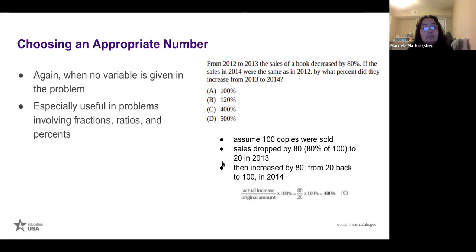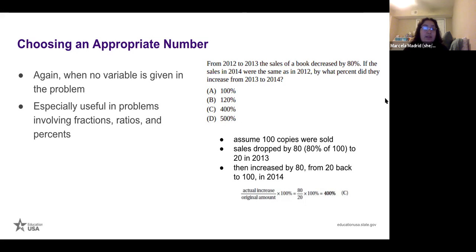Then increased again by 80, okay, from 20 back to 100 in 2014, right? So it decreased by 80 to 20, but then it went back up in 2014 as they were in 2012, so back to 100. So you have actual increase over original amount times 100 equals 80 over 20 times 100%, which gives you 400%, and the answer choice is C.